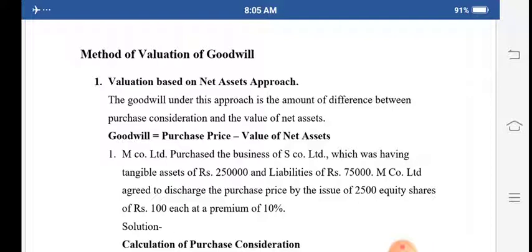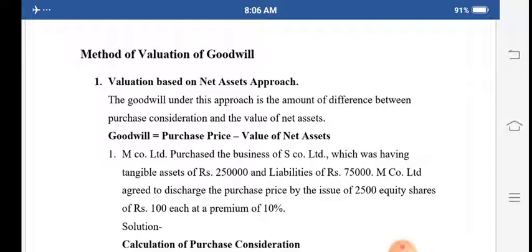Now see, M Company is purchasing S Company Limited, and S Company Limited has 2,50,000 assets as well as 75,000 liabilities. M Company is going to take over the business of S Limited, which means they are purchasing 2,500 equity shares, and each share price is rupees 100.